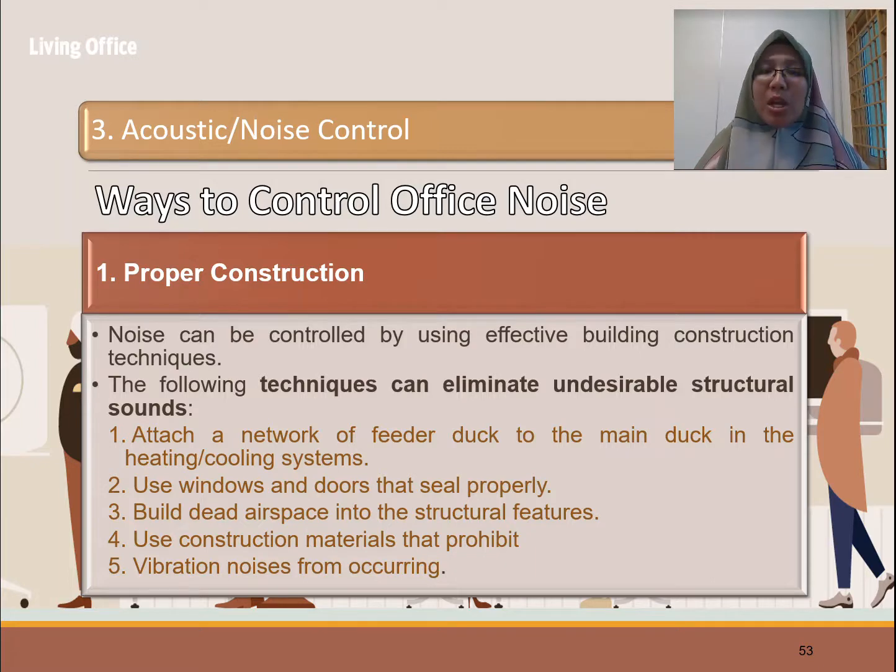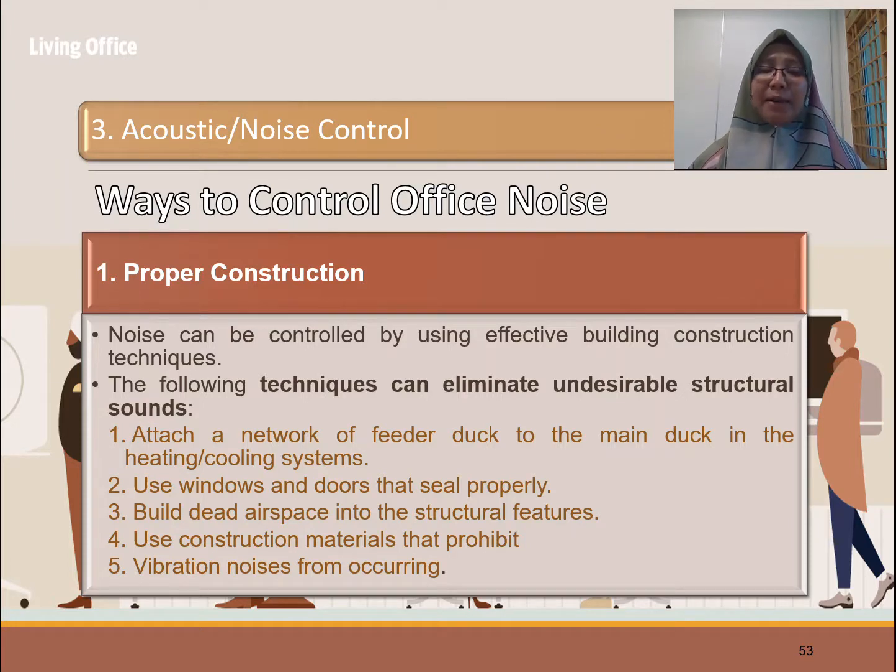Number 2, you use windows and doors that seal properly. The third one is you build air space into the structural features.